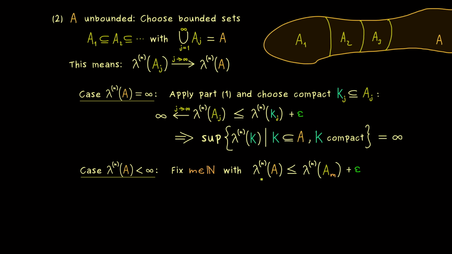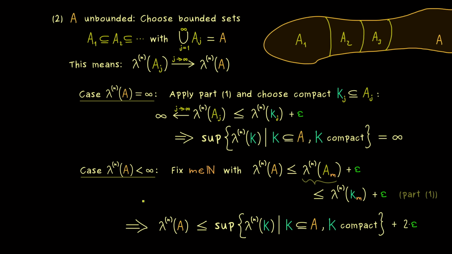In other words, we have our standard inequality where we just have plus epsilon on the right hand side. However, for this Am, we can also apply part 1 again and have the same inequality as before. So you see, in the end here, we have the same inequality again, just with plus 2 epsilon.